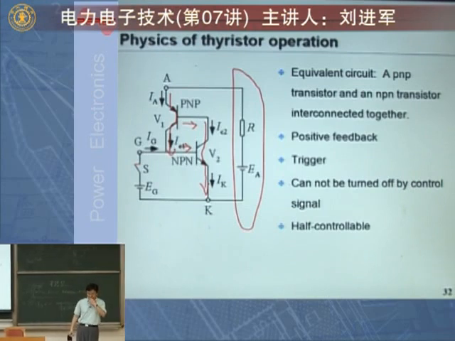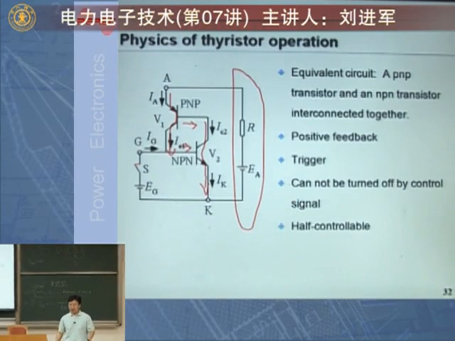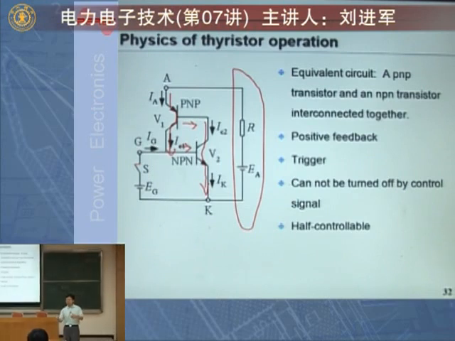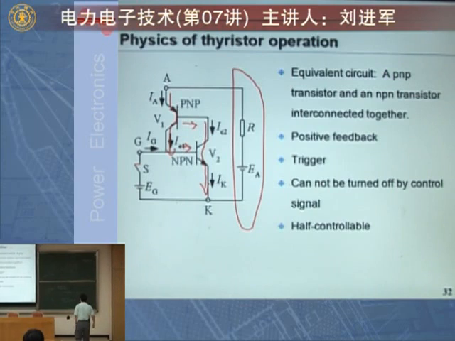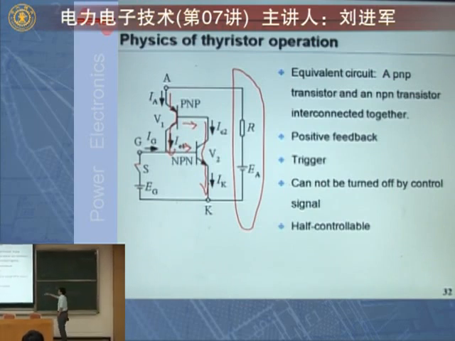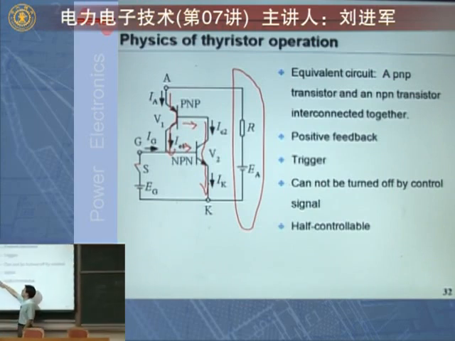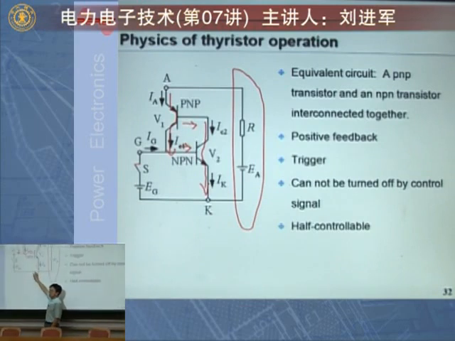We still have that possibility. If we inject a negative current into the gate, that will give us a possibility to drive V2 from the saturation area back to the off state.